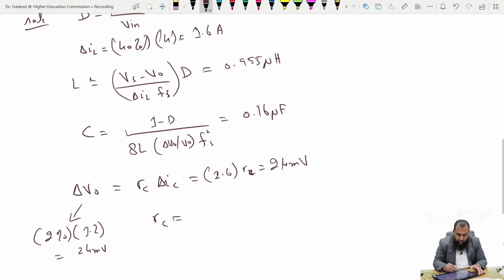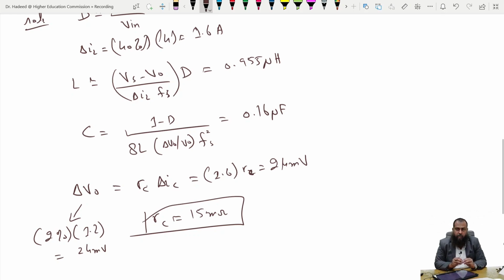So if I make it equal to 24 millivolt, then RC becomes equal to 15 milliohm here. So this means that if I want to create a buck converter for a practical application, this 0.16 microfarad is one expression of selecting a capacitor, but I have to ensure that whatever capacitor I am using practically has an equivalent series resistance of 15 milliohm or less.